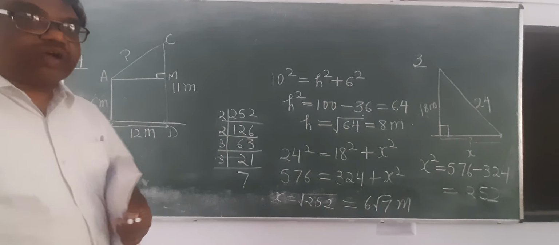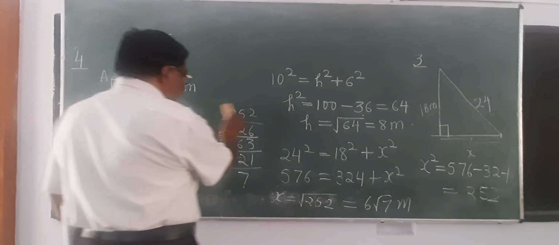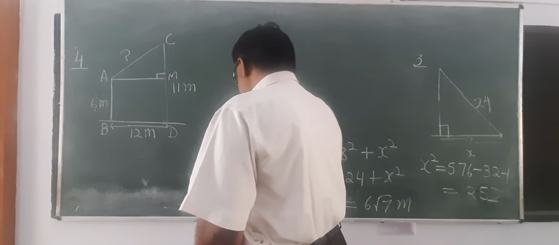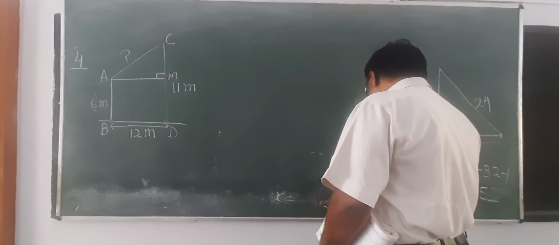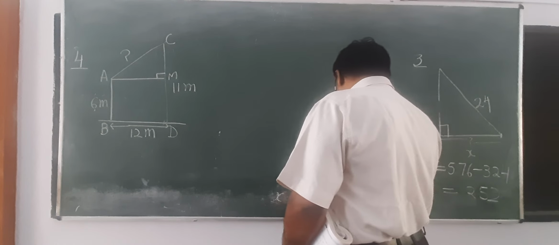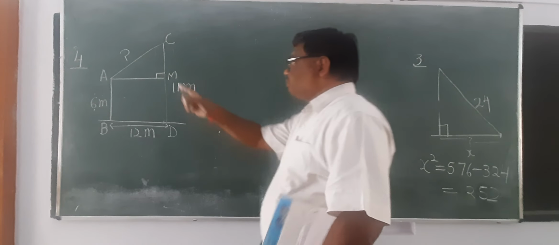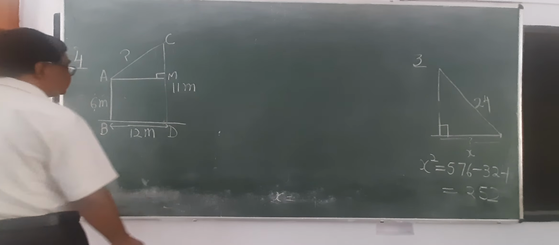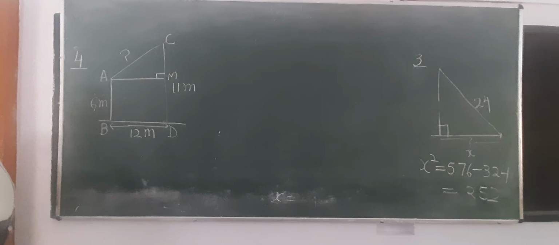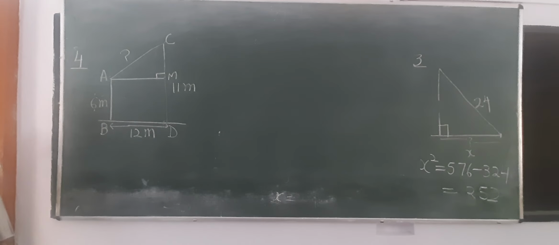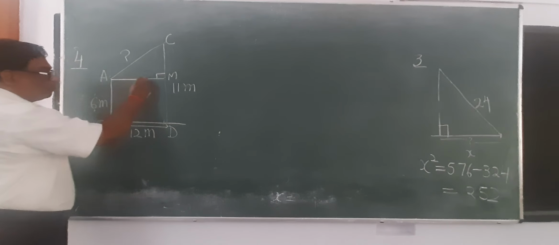Distance between their tops, meaning the distance between the tops of the poles, that means AC you have to determine. So see here, how will you determine AC? I have drawn one perpendicular from A on the CD, say AM. Now in this right angle triangle ACM, what will be AM?